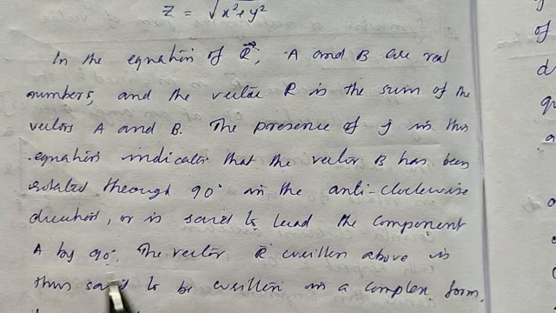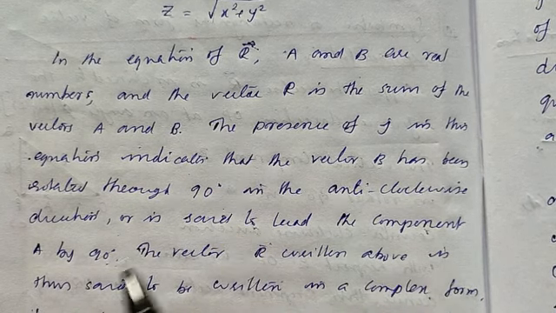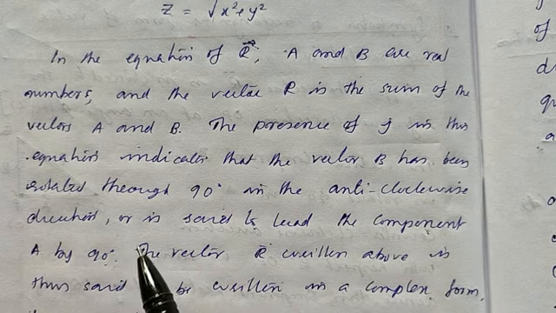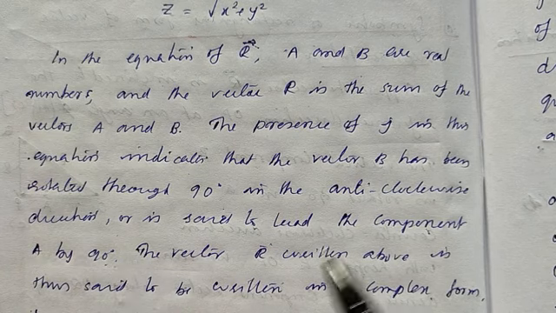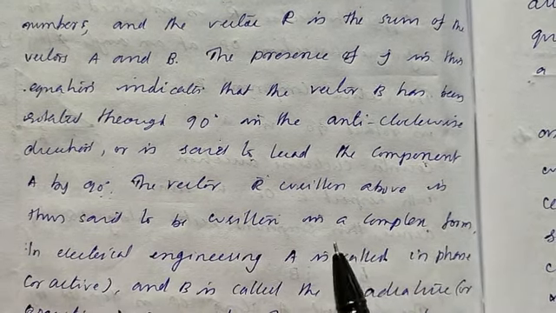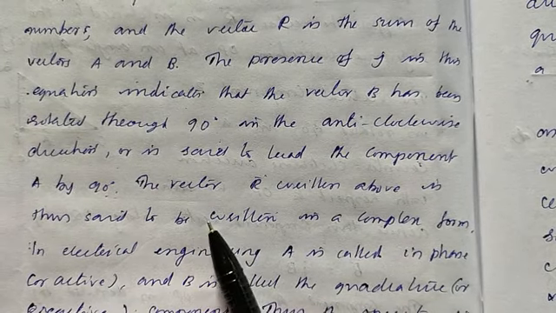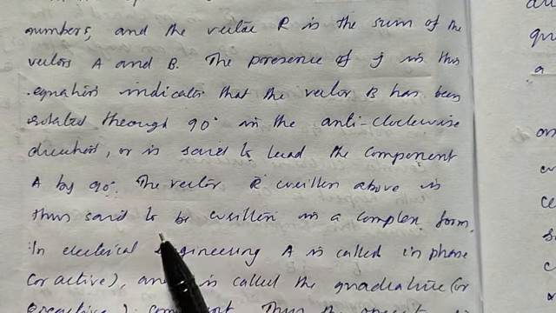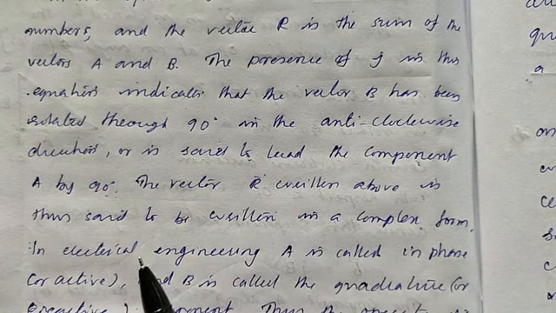Since A is along the reference direction, only B is rotating counterclockwise through 90 degrees. The vector R is written in a complex form, so this representation is known as a complex representation.